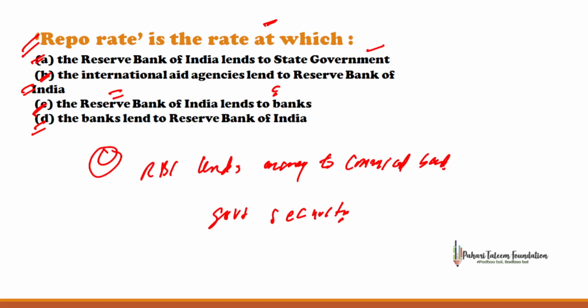So the repo rate means repurchase agreement or repurchase option. Repo rate is classified under the Liquidity Adjustment Facility, that is LAF, which is the quantitative tool of the monetary policy.